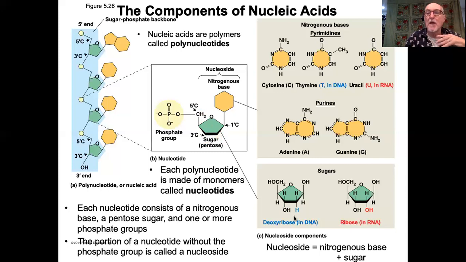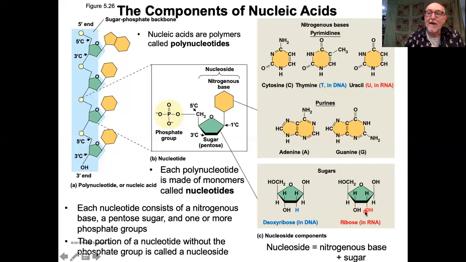The first is the pentose that is contained in DNA. Have a look here, and you'll see this group at the 2'. There's only a hydrogen there. Look at this one. This is ribose sugar. This is what we have in RNA. Have a look here. It has an OH.